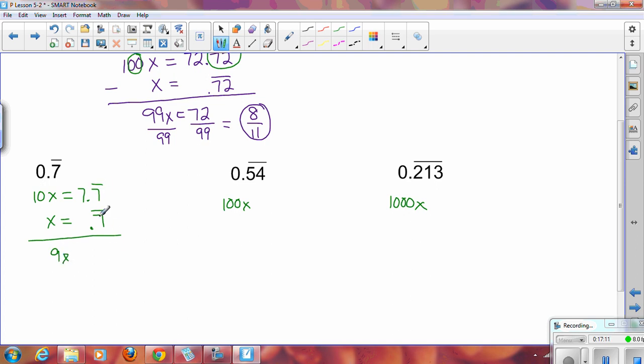And as 0.7 repeatings fall out, 9x equals 7. Divide by 9. X equals 7/9. Okay, I want you to hit pause on your video player. I want you to work out these last 2 problems, and then I want you to hit play to see how you did.